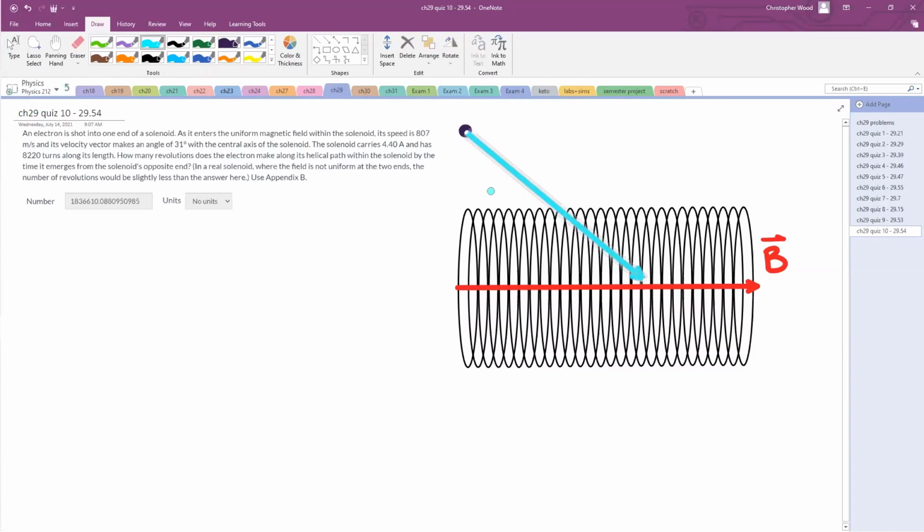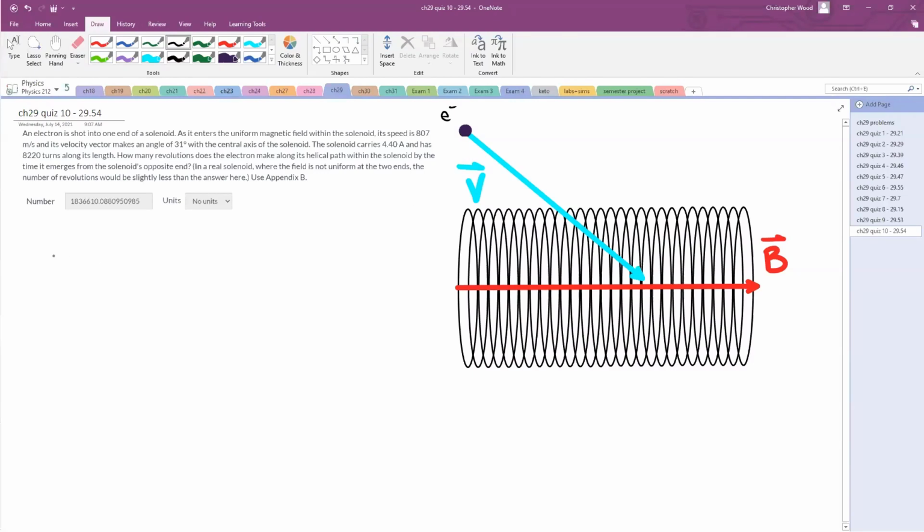So this is the electron. You shoot an electron with that angle into the solenoid. So this is E minus, which is the symbol for electron.